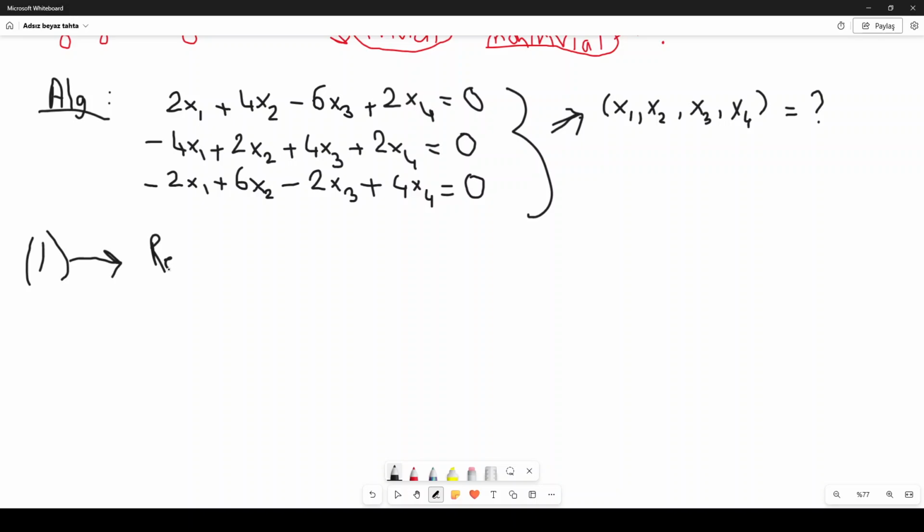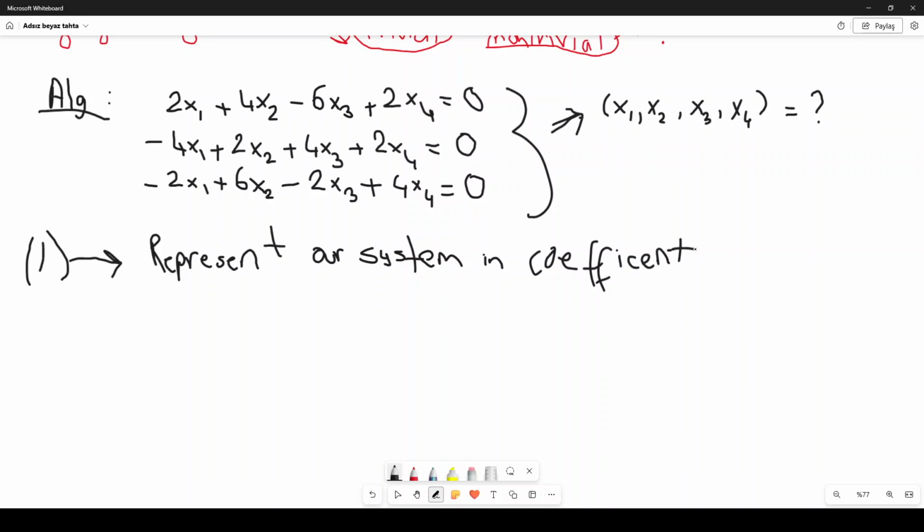represent our system in the matrix form, and this time in the coefficient matrix form. And why is that?